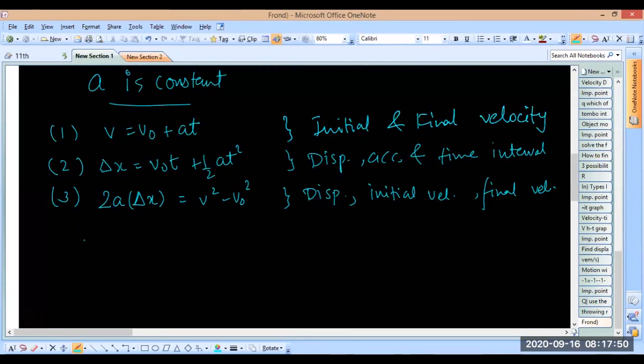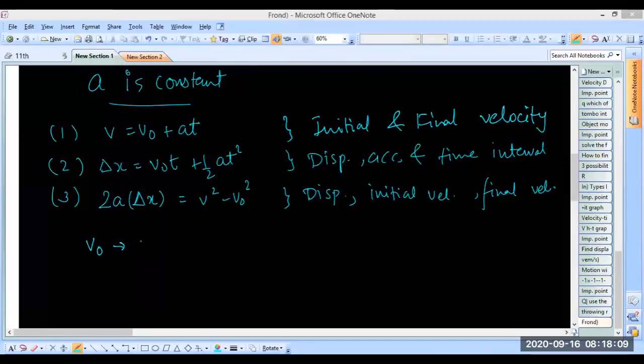Remember the symbols. Okay, quick fire round. What is v0? Come on, people, what is the meaning of v0? Yes, very good. v0 is initial velocity. v for velocity, and generally when someone writes 0 here, it means at start, means initial.